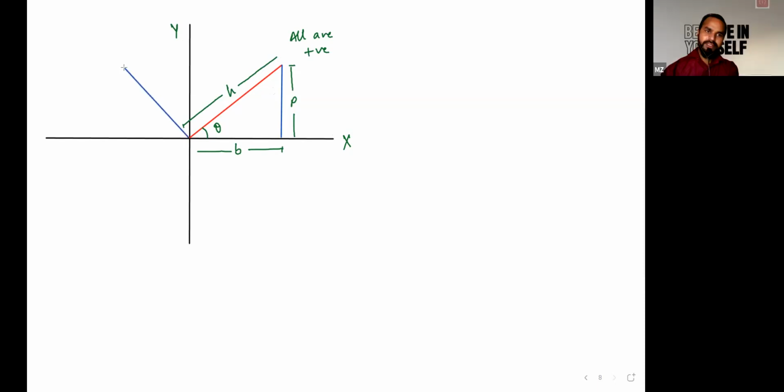Yes, sir. Similarly, if you have a triangle in the second quadrant, let this particular angle be theta. So we have the base towards the negative x-axis, so we can call it negative b. Perpendicular is along the positive y-axis, so it will be positive.